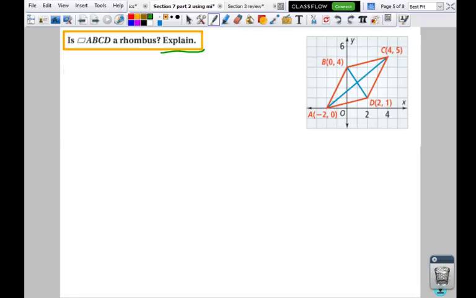You want to check the sides. All sides are supposed to be equal. CD isn't congruent to CB. Well, then you know it's not a rhombus.